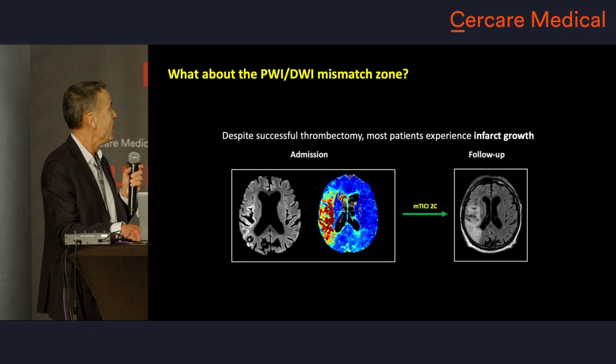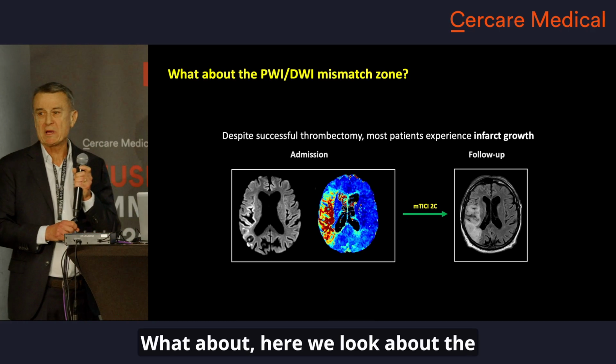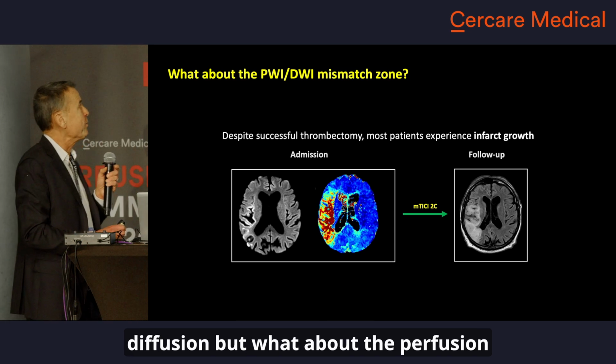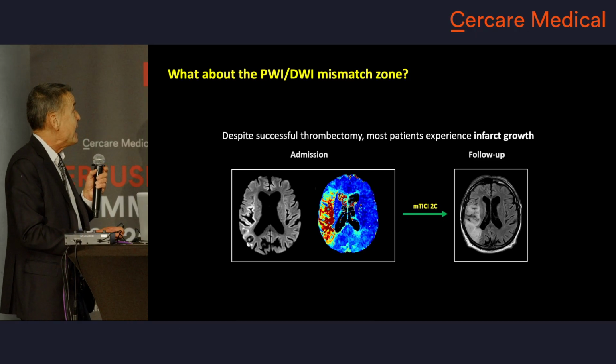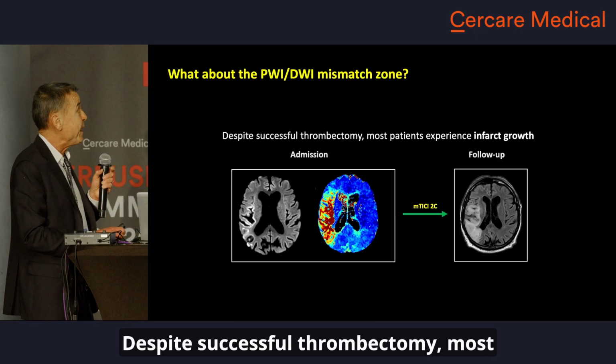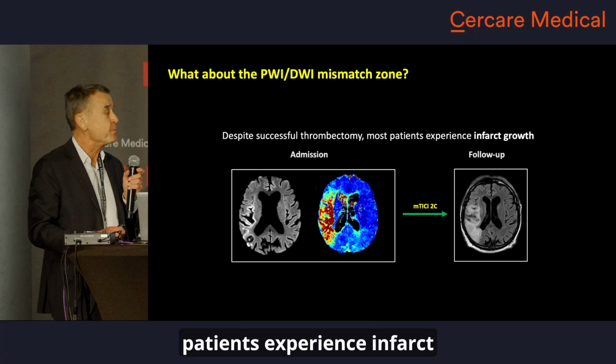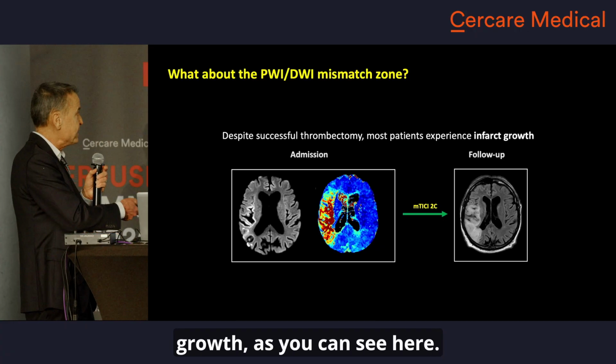Here we looked at the diffusion, but what about the perfusion-diffusion mismatch zone, about the penumbra? Despite successful thrombectomy, most patients experience infarct growth, as you can see here.